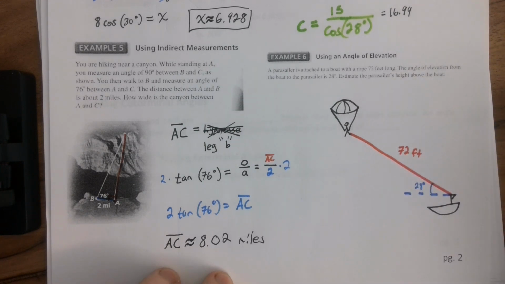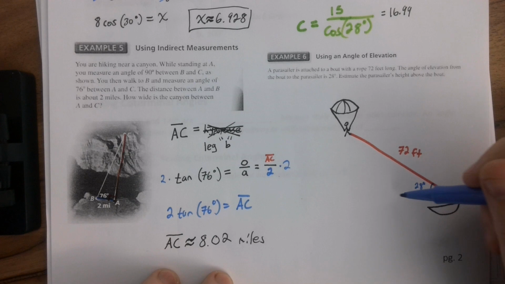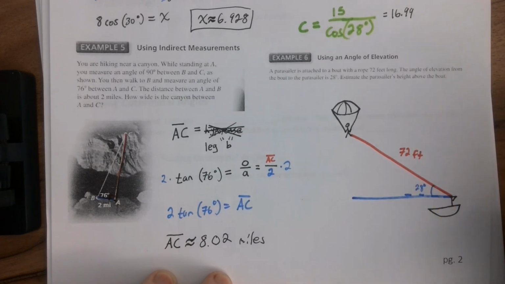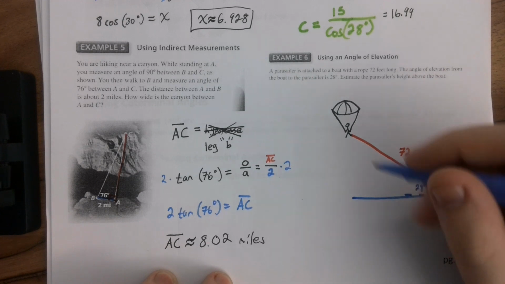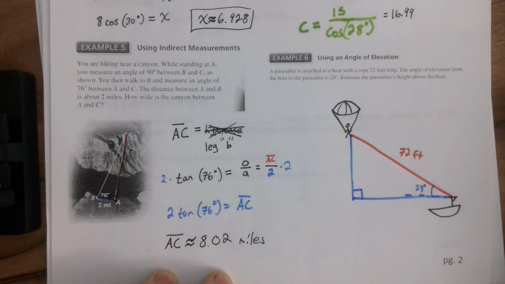And we've got to estimate the parasailer's height. One thing we could do is we could finish making this triangle. So if we finish this triangle, here's like sort of perpendicular to the ocean, and here's down to where the parasailer would be. That's a right triangle, right? As long as it's a right triangle, we can do right triangle trigonometry.